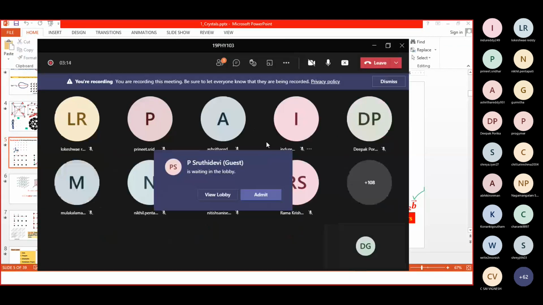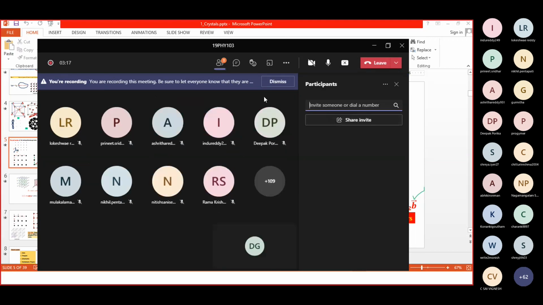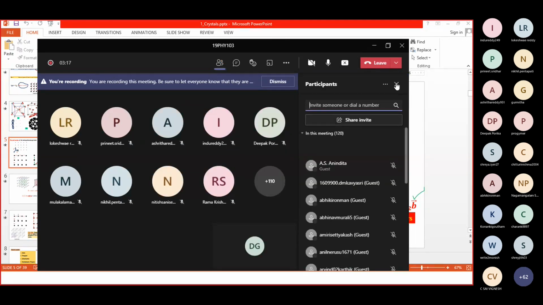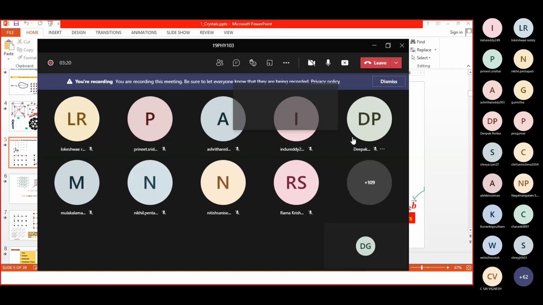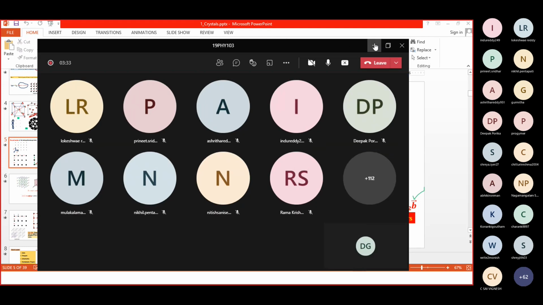Oh, somebody has muted. I didn't mute. Whoever is doing this, you can do all these things at a better place, not here. Am I audible now? Is it clear? Yes, sir.